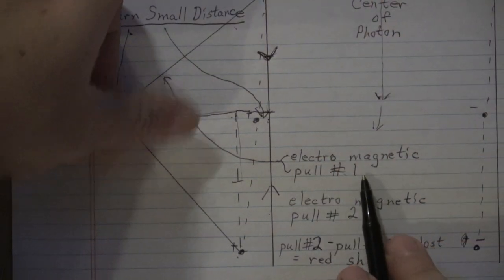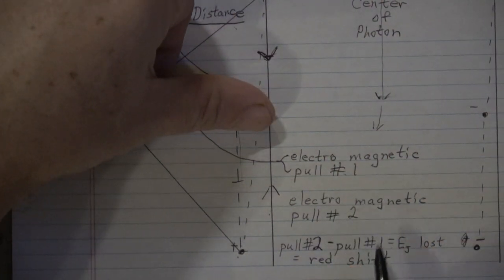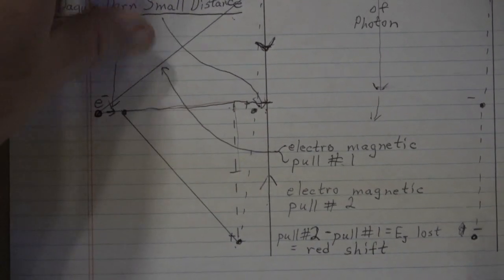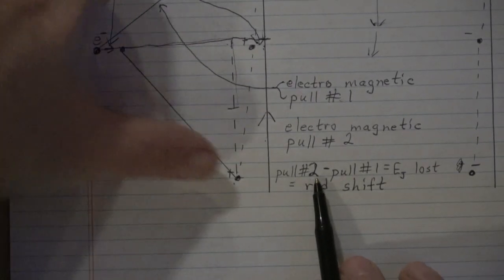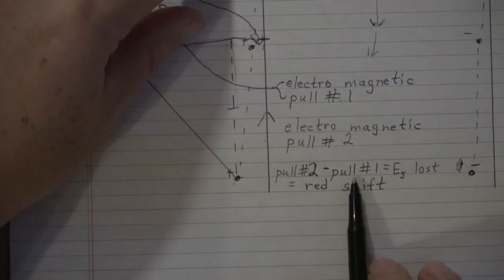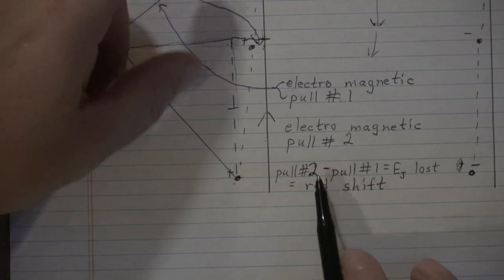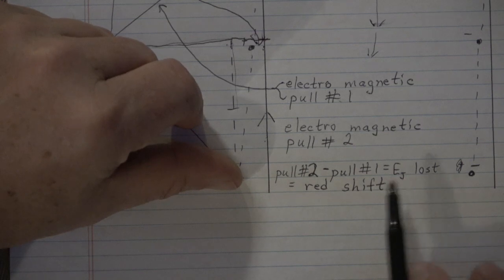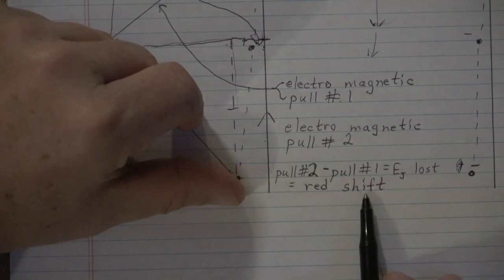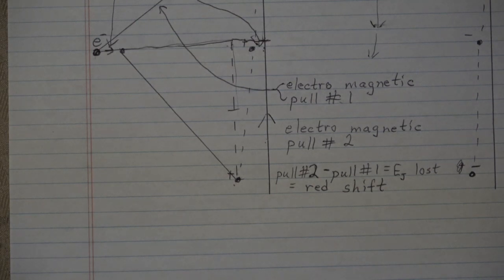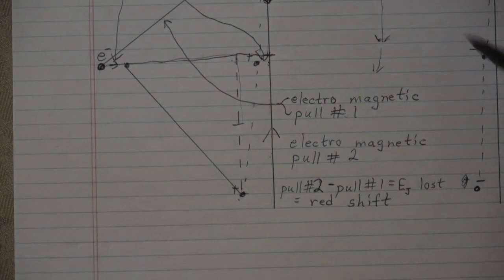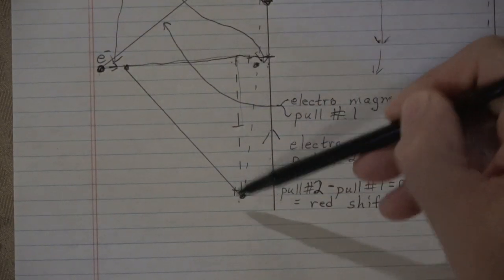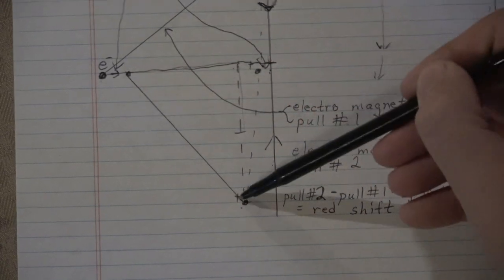So electron magnetic pull of 1 minus pull, or actually, let's go with the math: the pull of number 2 minus pull of number 1. Pull of number 2 is greater, so the energy lost in joules would equal a redshift. And that is the basis of the photon drag right here. It's the fact that these are closer together when it's going away from, and that means the pull is greater.